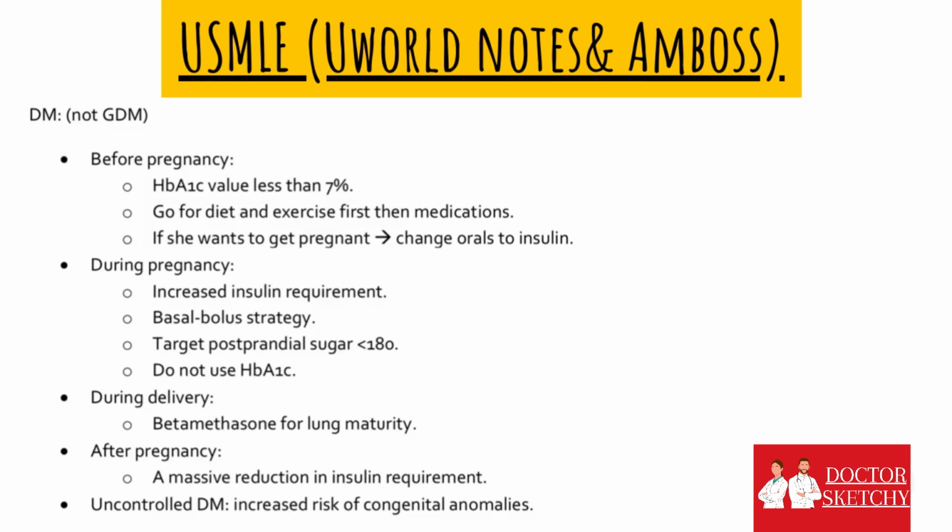Now, if she wants to get pregnant, change the oral medication to insulin. Now, when this diabetic woman got pregnant, her insulin requirement is increased, and you should try to keep her postprandial sugar less than 180. During the delivery, give her a dose of betamethasone for the lung maturity of the fetus, that is a steroid. And after pregnancy, there should be a massive reduction in the insulin.